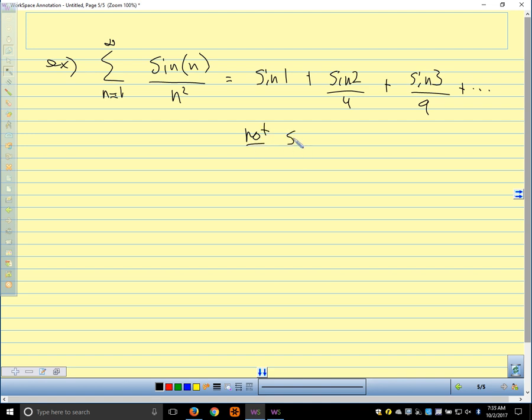So this is not strictly alternating, and we can't apply our alternating series test. The alternating series test only applies to strictly alternating series. But let's look: we say a sub n is sine of n over n squared. What can we do here?